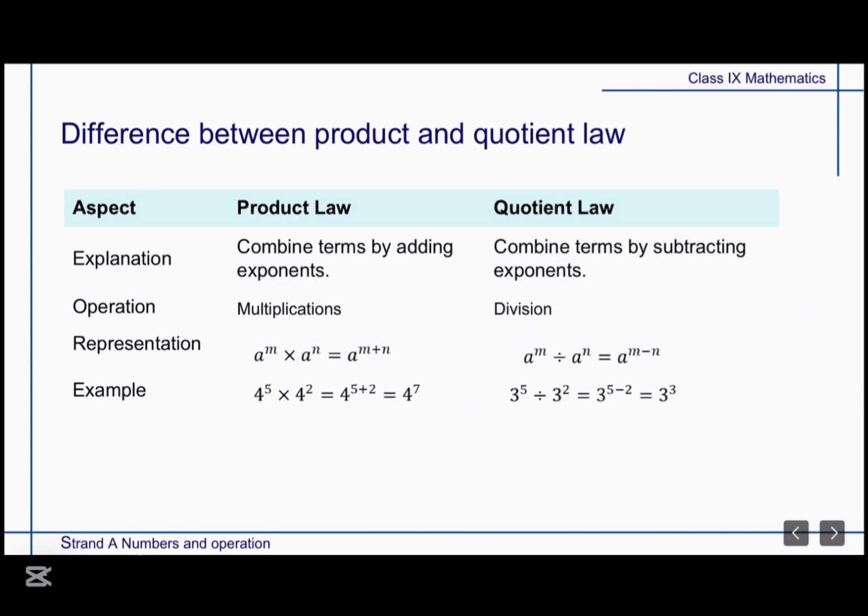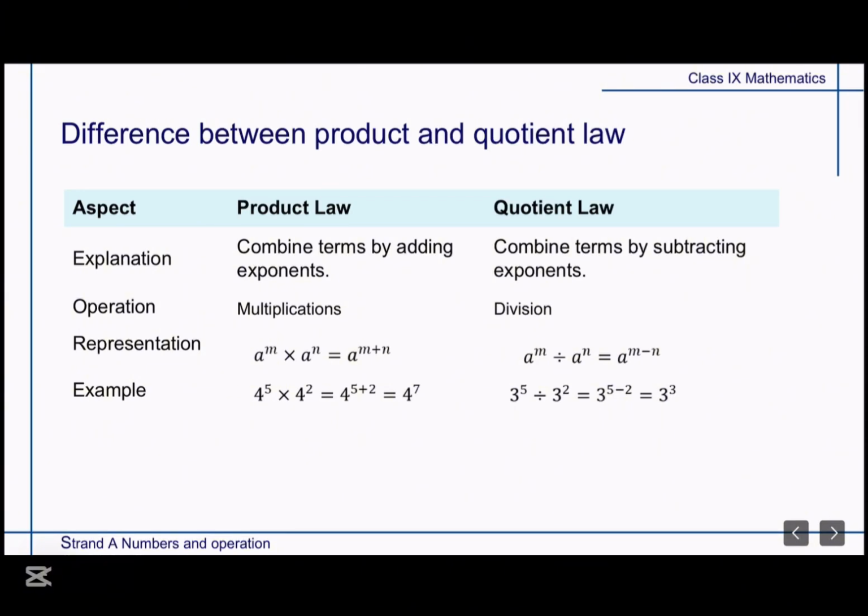Now in explanation, product law combines the terms by adding exponents, whereas quotient law will combine the terms by subtracting exponents. Product law has the operation multiplication, whereas quotient law has division. The representation is a raised to m times a raised to n equals a raised to m plus n, whereas a raised to m divided by a raised to n is equal to a raised to m minus n in quotient law.